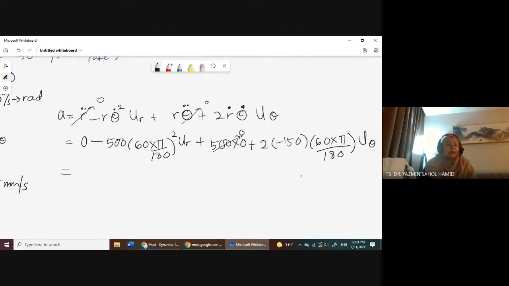So how much is this answer? Use the calculator, please calculate. What do you get? 500 times 60 times pi. No. 60 times pi, you must square first. Square. Divided by 180. Then only times 500.